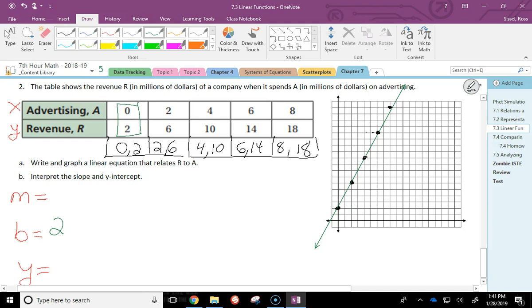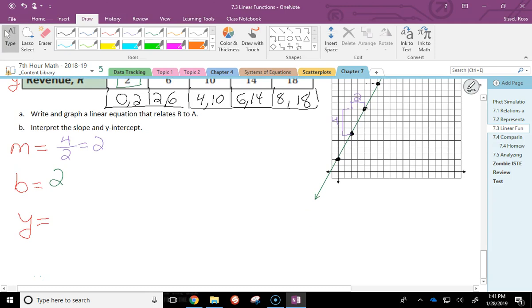I look between 2 points of my line, and I'm going to use these two because they're in the middle. From here to there is 1, 2, 3, 4. So my rise is 4. And from here to here, I went over 2. Can 4 over 2 simplify to 2 over 1? Or we could just say 2.